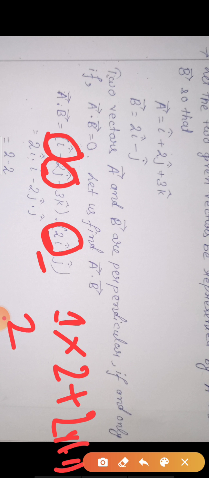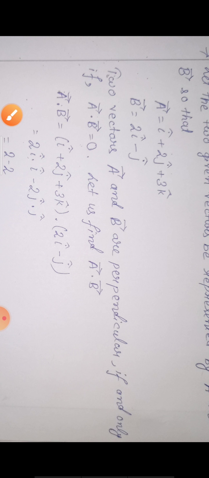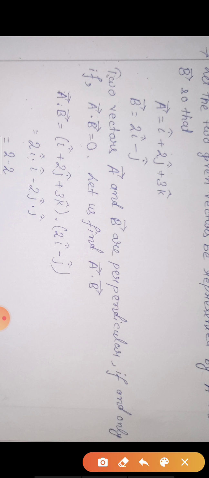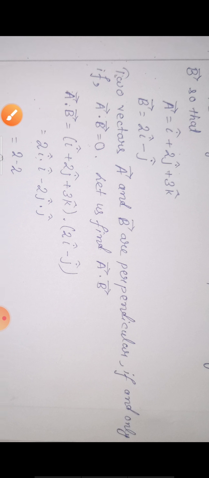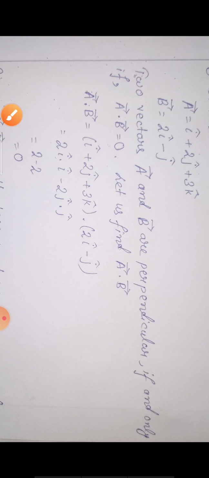So 1 into 2, plus 2 into minus 1, is 2 minus 2, which is equal to 0. Since you don't have any k hat terms in the second vector, you don't have to multiply k hat terms. So the answer is A dot B is equal to 0.